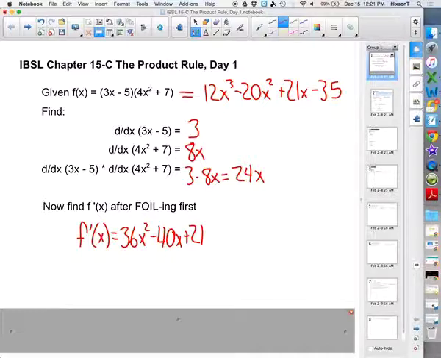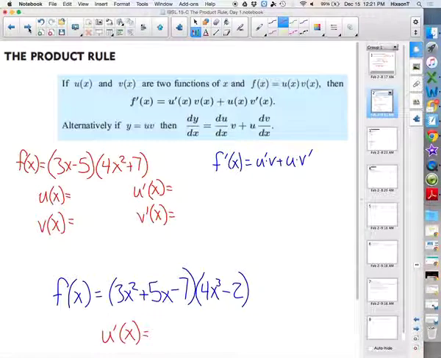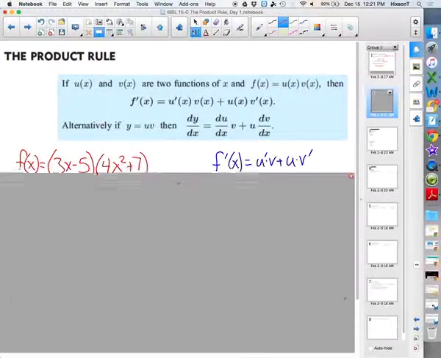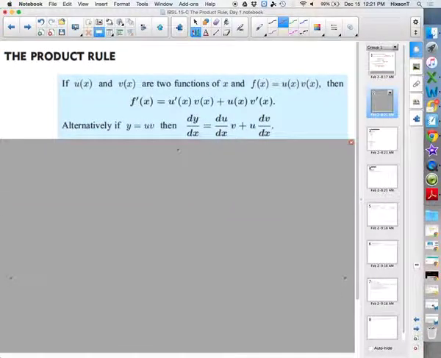We have to have some way to handle a situation like this, whether we can FOIL it or not. So let's look at what we would do with this. Here it says we have these two functions, u of x and v of x.